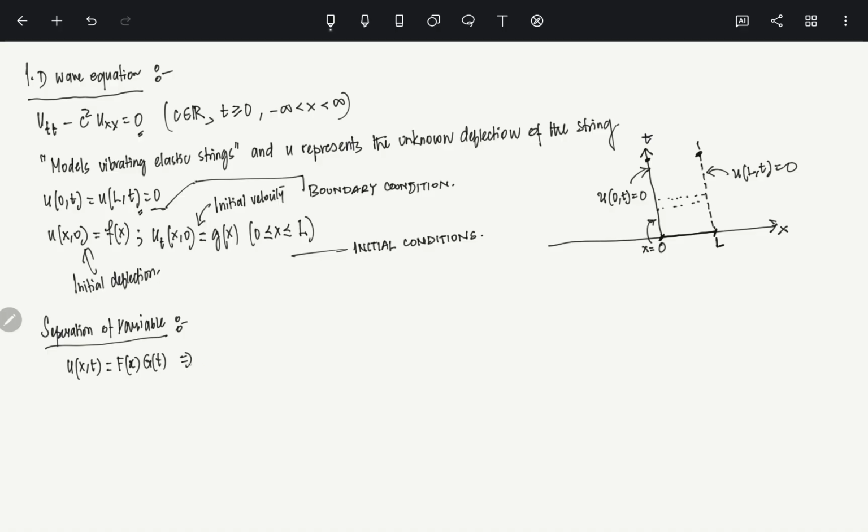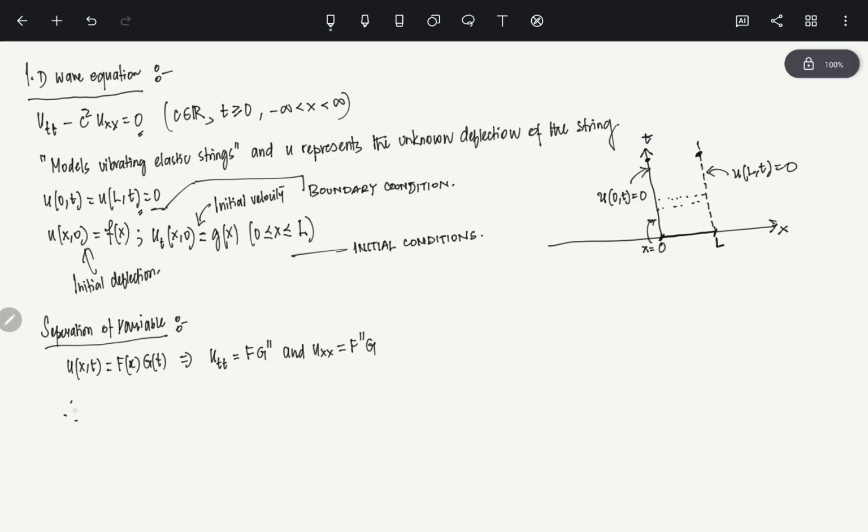Now if that happens, what can you say? From this equation, u_tt is nothing but F G double prime, and u_xx is nothing but F double prime G, exactly like the harmonic equation.